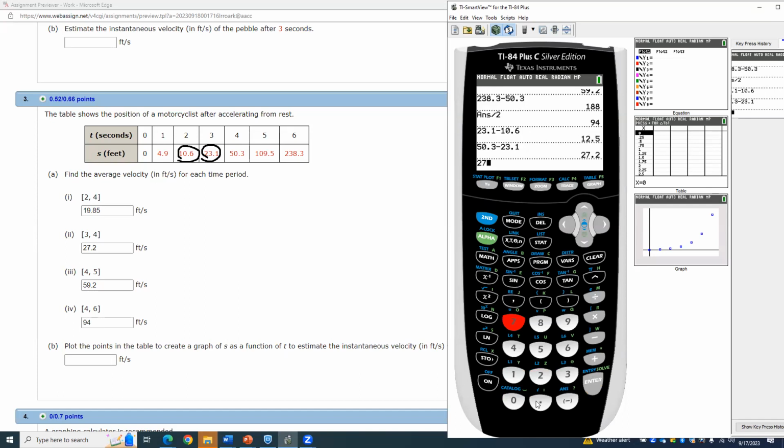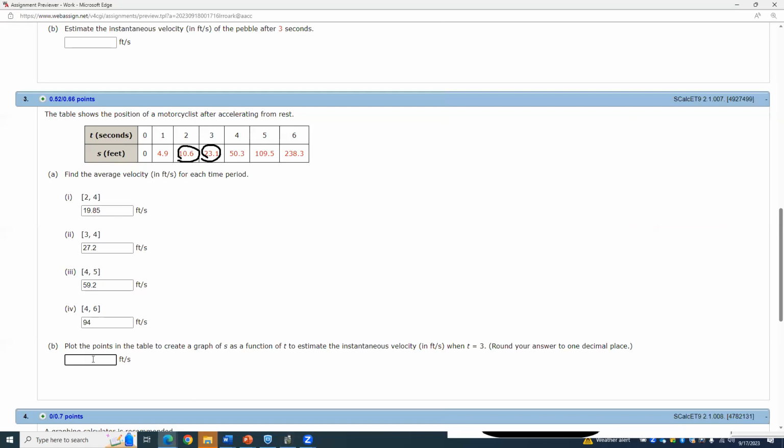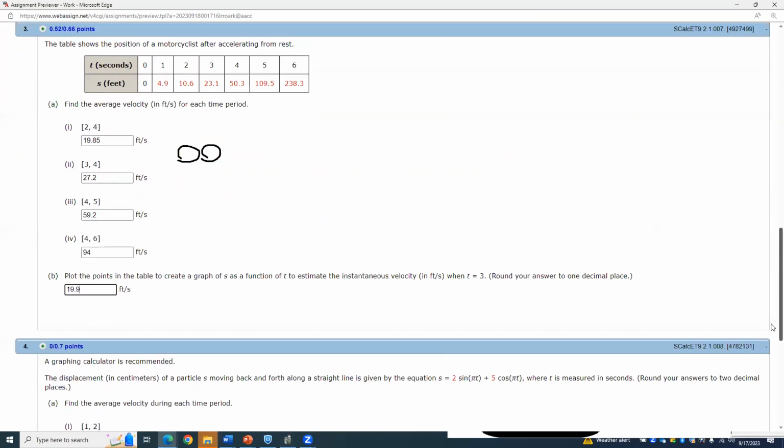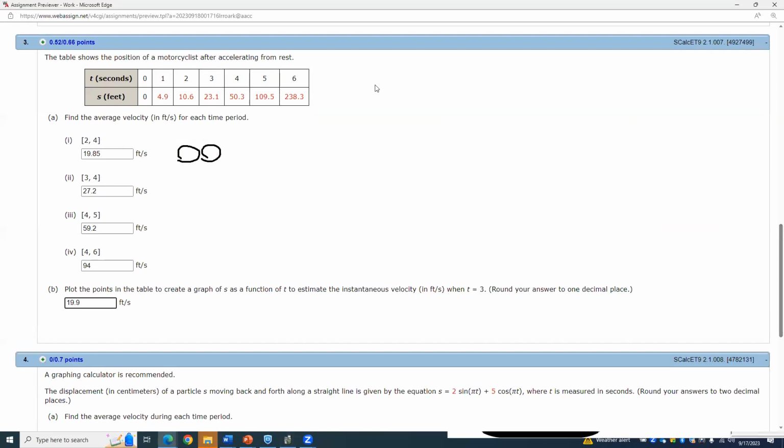I'm just going to find the middle number between these and use that to give me a rough estimate. It's a complete estimate. So we could say 19.9 if we wanted to try that. I know these are uncomfortable because we're just getting a rough estimate, and WebAssign allows for a large margin of error in what they could accept.